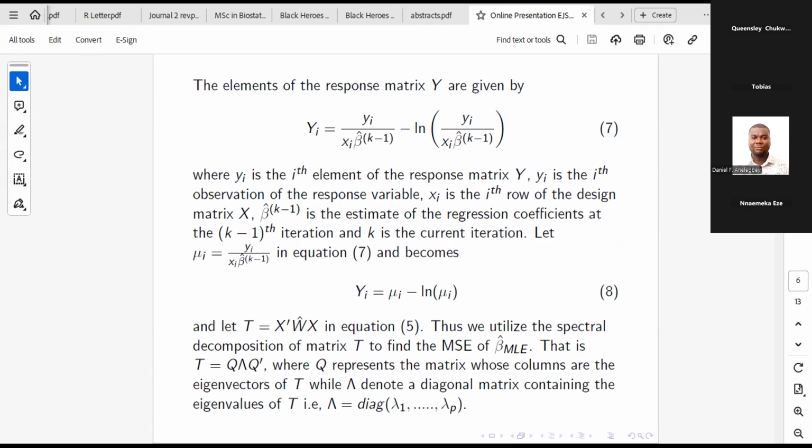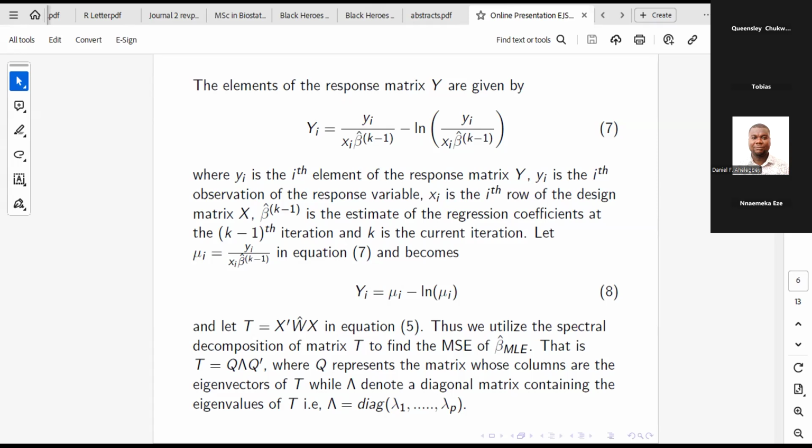Then the small xi is the ith row of the design matrix X. And the estimate of beta, because beta will be our coefficients for the regression, and therefore the estimate of that to the power k minus 1 would represent the estimate of the regression coefficients at the k minus 1 iteration.